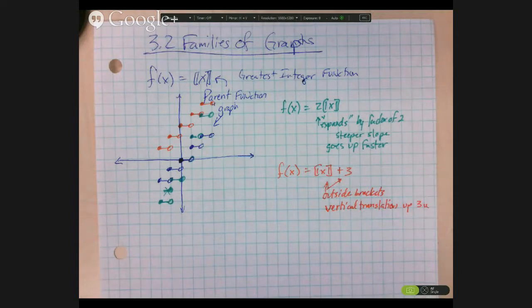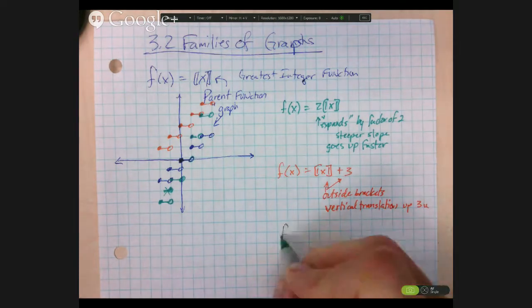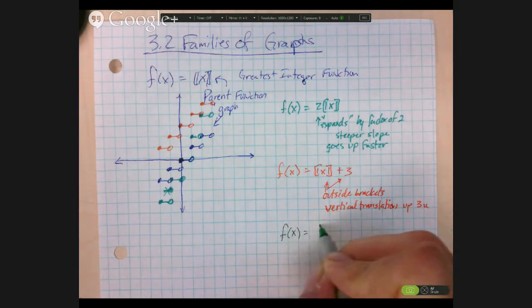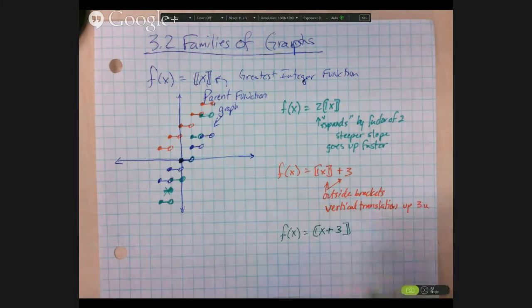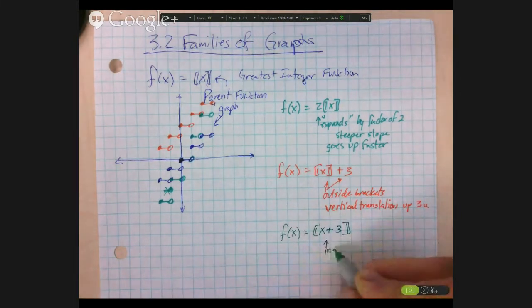Okay. Are you with me on that? How would I move it to the left 3 units? Subtract 3, or no, you have to add 3 on the inside of the bracket. Inside brackets. Okay.